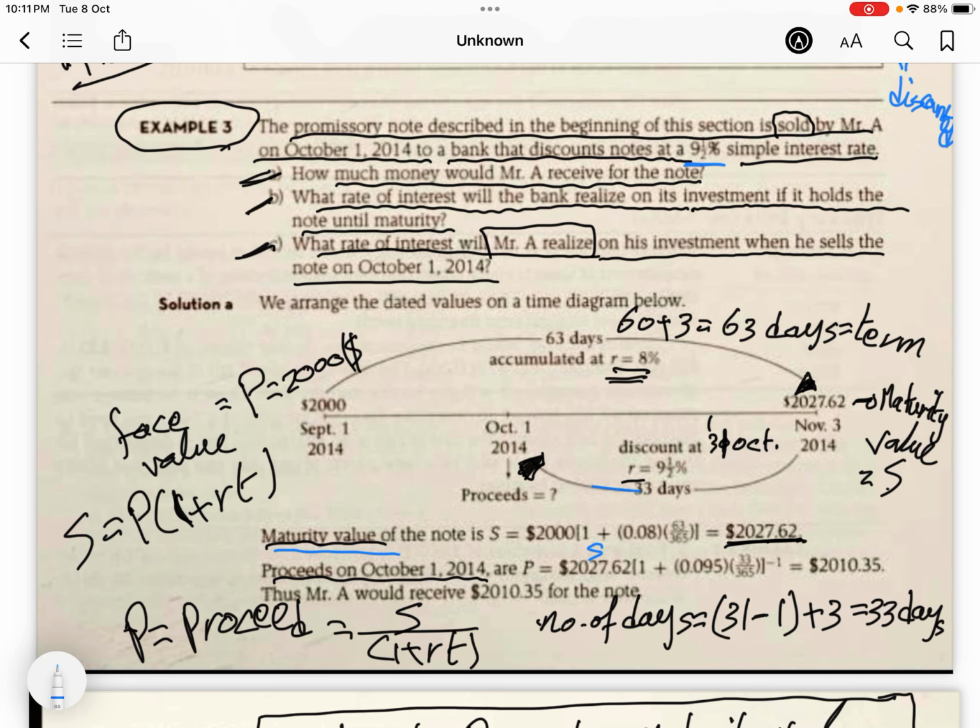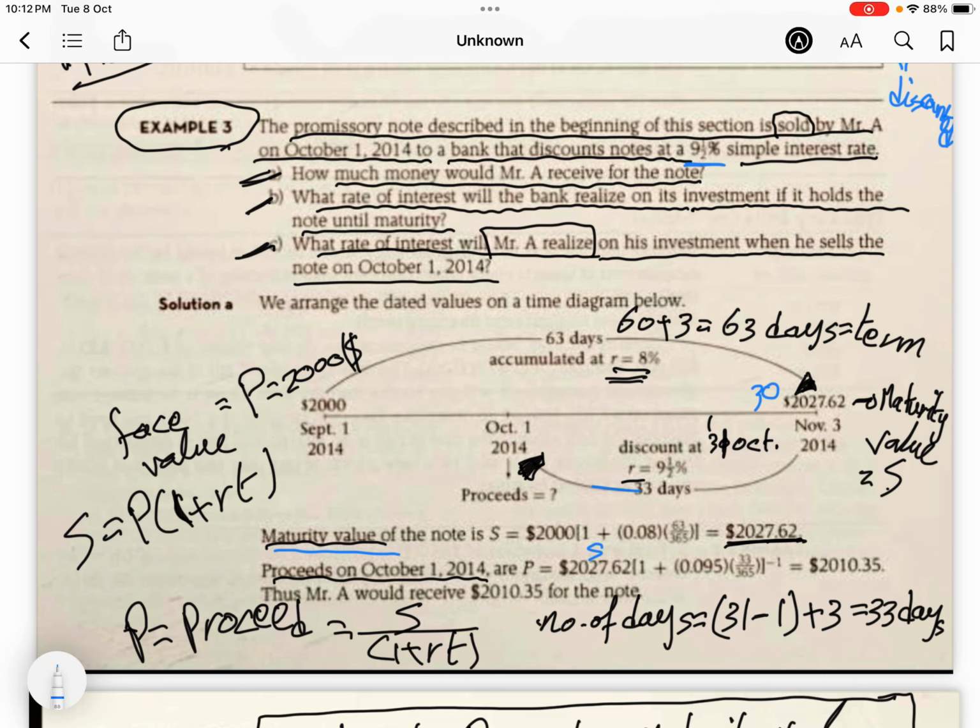Here we have 31 for October, but you will take 30 minus 3, which gives 27.